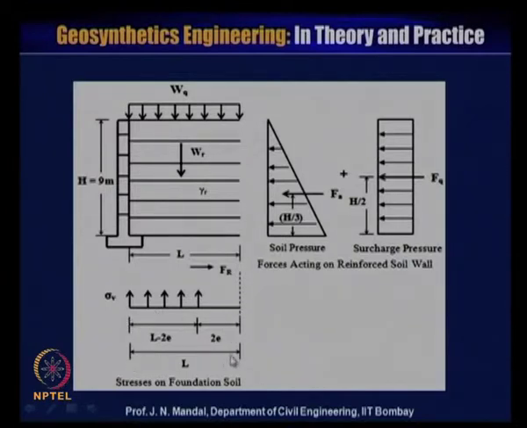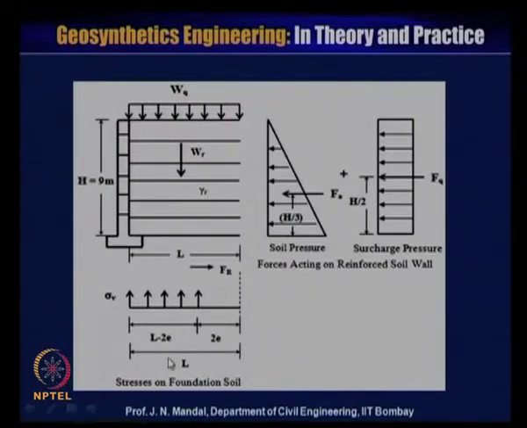So if L is the length and this is the vertical pressure sigma V, and this distance is L minus twice e, where e is eccentricity, and this distance will be twice e.